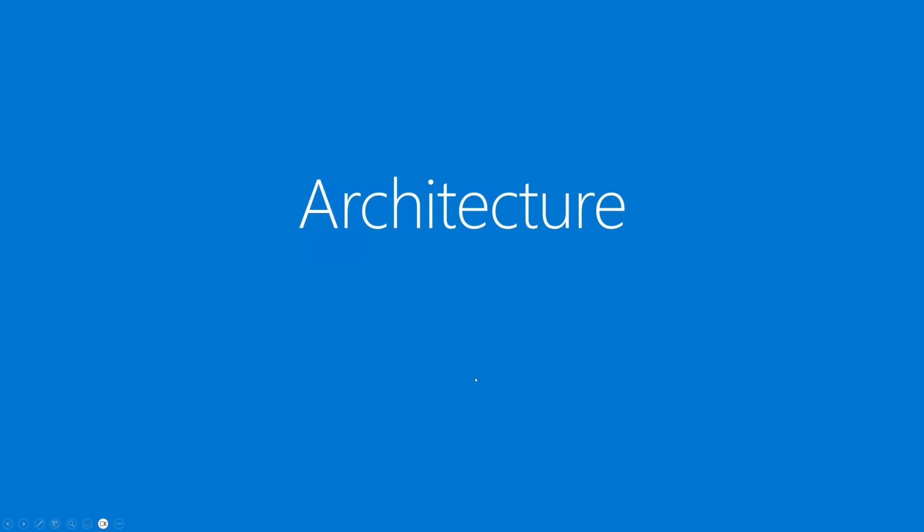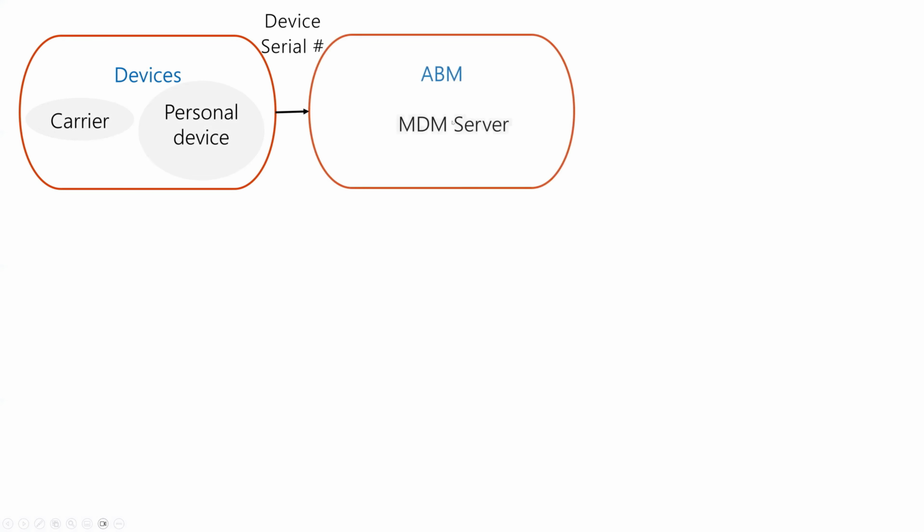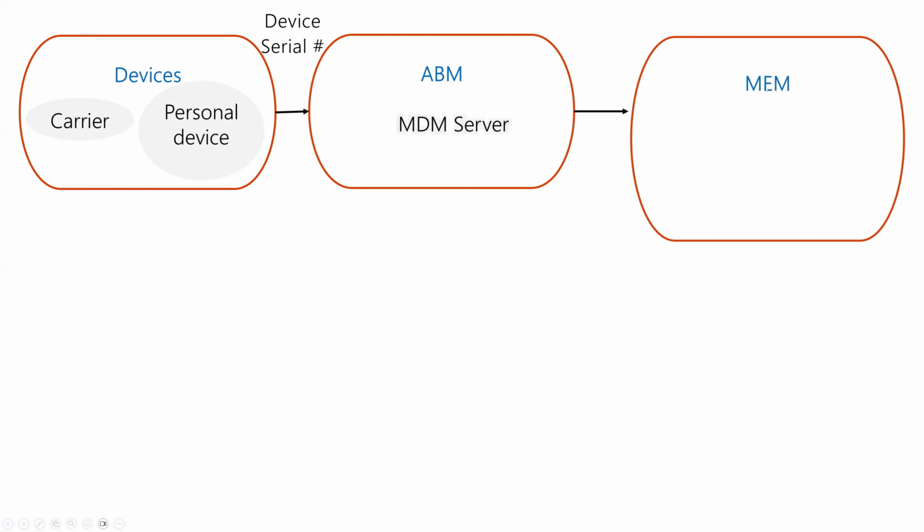So let's see how the high-level architecture works. Nothing like a complex architecture. It's a carrier and a device, a personal device. You add the device serial number into ABM, the MDM server. This MDM server is then synchronized into MEM, the Endpoint Manager, which is Intune.